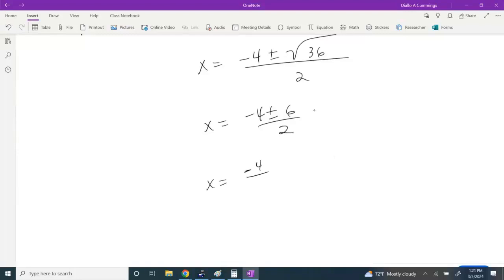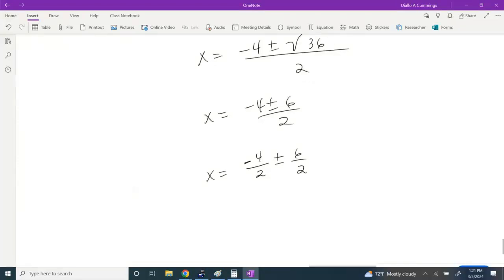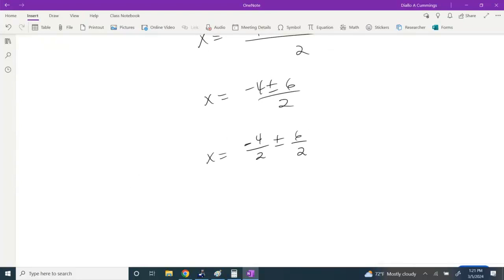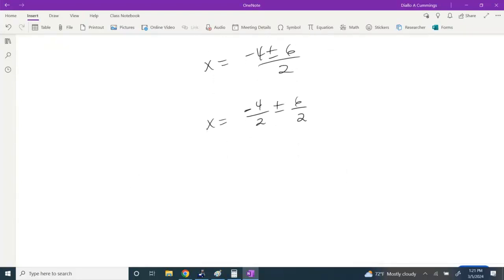I'm going to write this as negative 4 over 2 plus or minus 6 over 2. So negative 4 divided by 2 is negative 2 plus or minus 3. And then if we split it up like we did in the first, we get those same answers, negative 5 and positive 1.